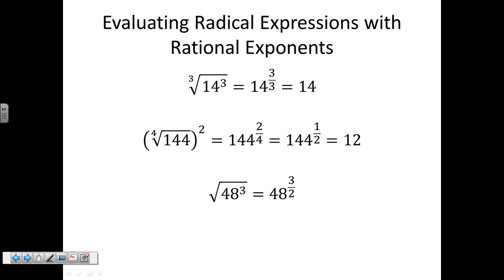All right, now let's talk about evaluating radical expressions. What I'm talking about here is we've got a number with some wacky combination of powers and roots on them, or powers and fractional powers.